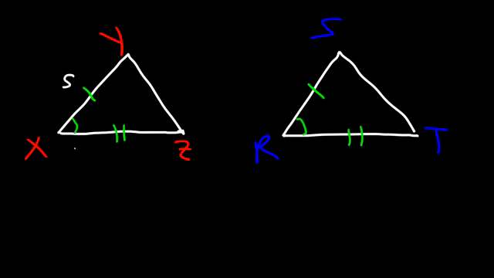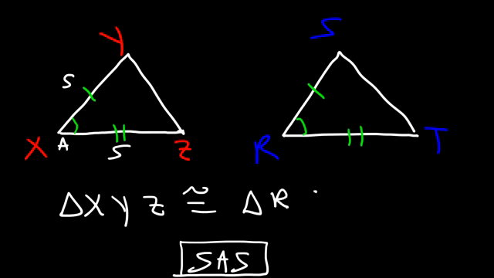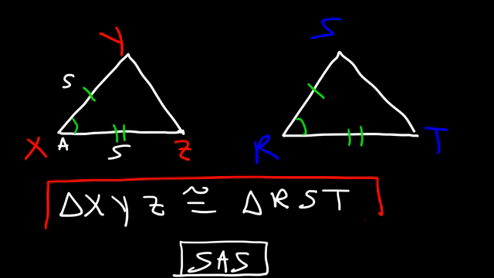So we have a side, an angle, and a side. So we could use the SAS postulate to make the statement that triangle XYZ is congruent to triangle RST. And so that's the second postulate that you need to be familiar with in order to prove that two triangles are congruent.